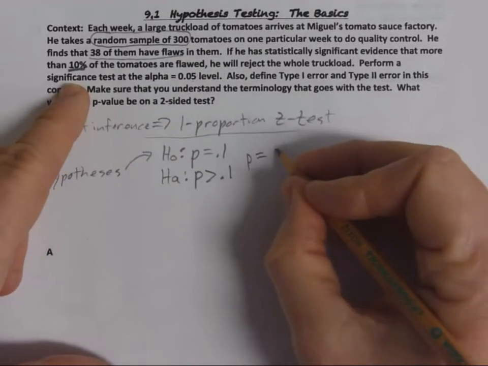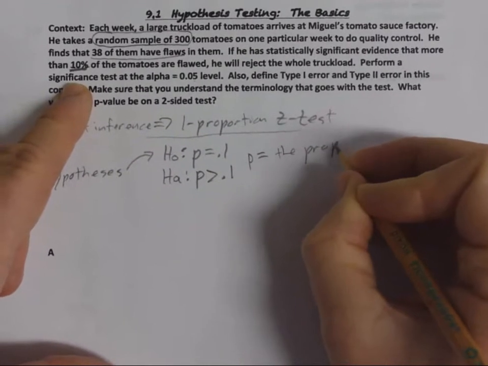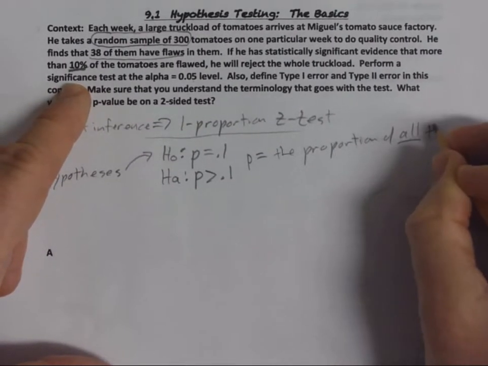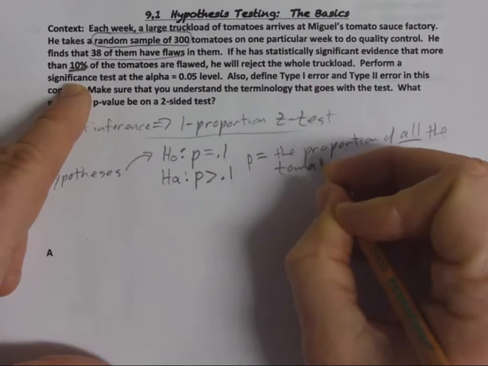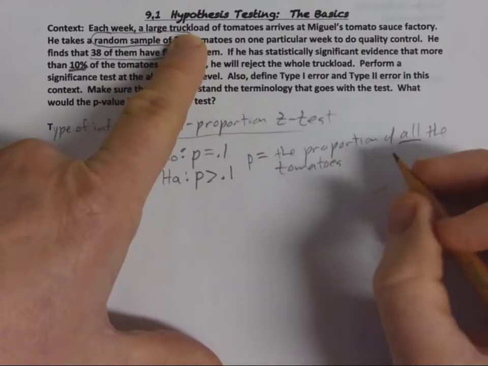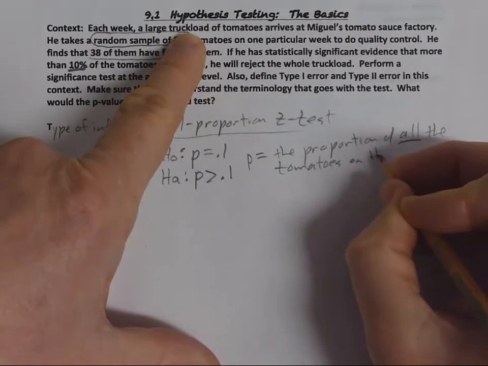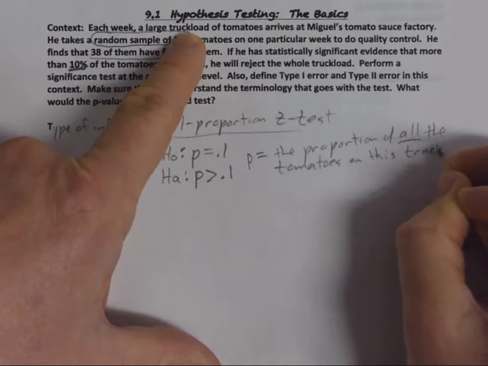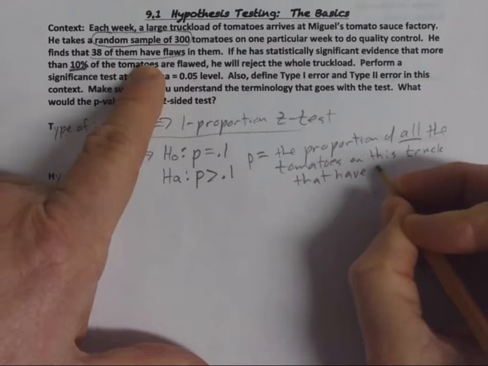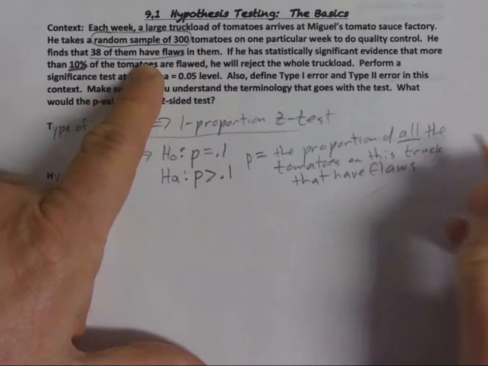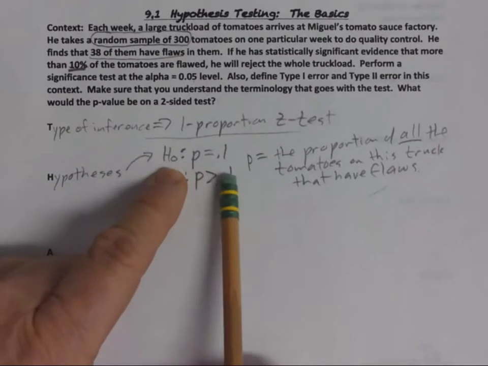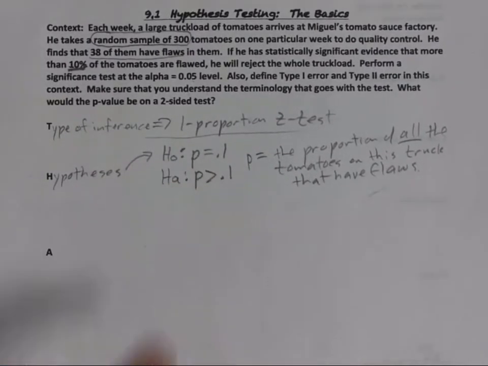So p is the proportion of all the tomatoes, and in this case we're worried about the tomatoes on this particular truck, on this truck, that have flaws, just using the wording of the problem. So that is our parameter that we define. Never put p hat up in here and never put x bar. It's always either mu or p.